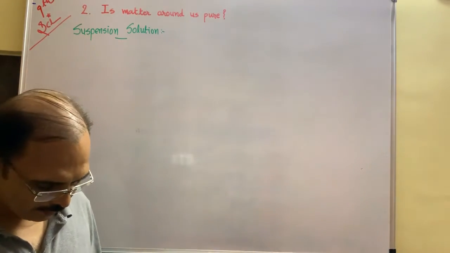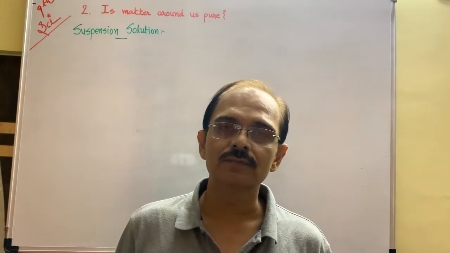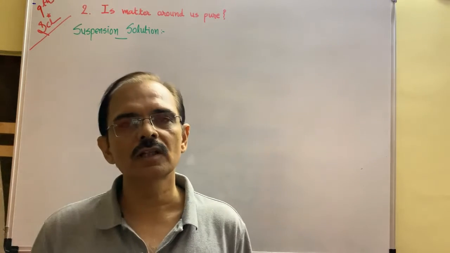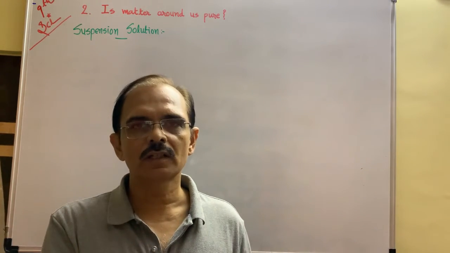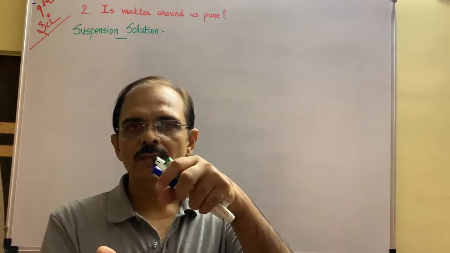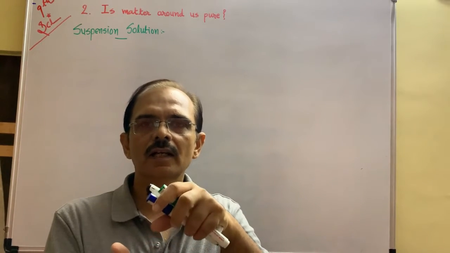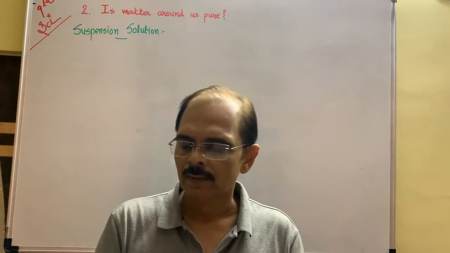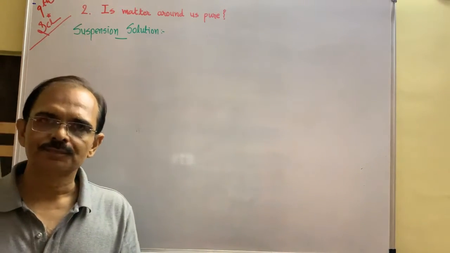As for example, we can say the muddy water. You have seen the puddles, you have seen muddy water. In this water, water is pure, some sand, dust and other garbage, other waste materials are there. So we say it is muddy water.